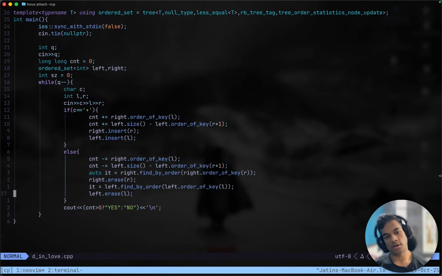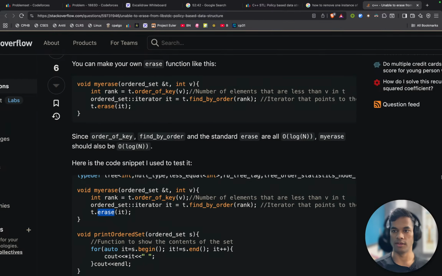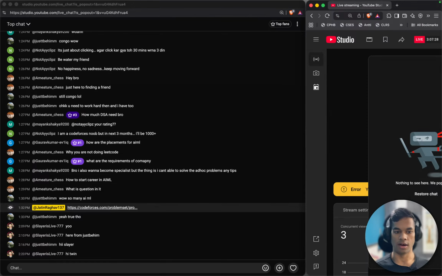So why doesn't it work? Write dot find by order and then write dot order of key. Wait, this thing does not make sense. Somehow we are unable to remove elements.